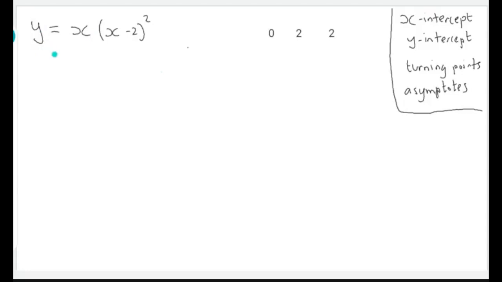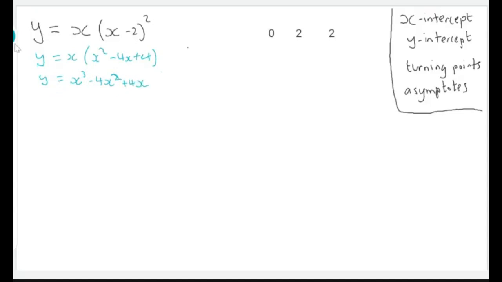It was x cubed minus 4x squared plus 4x. Cool. So let's just expand that. So x times x squared minus 4x plus 4, x cubed minus 4x squared plus 4x. Okay.